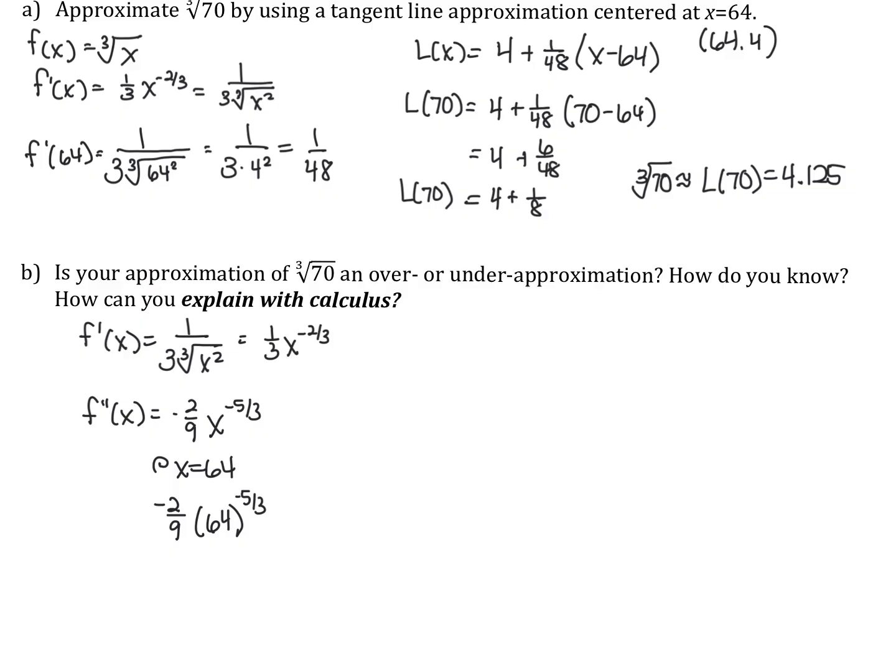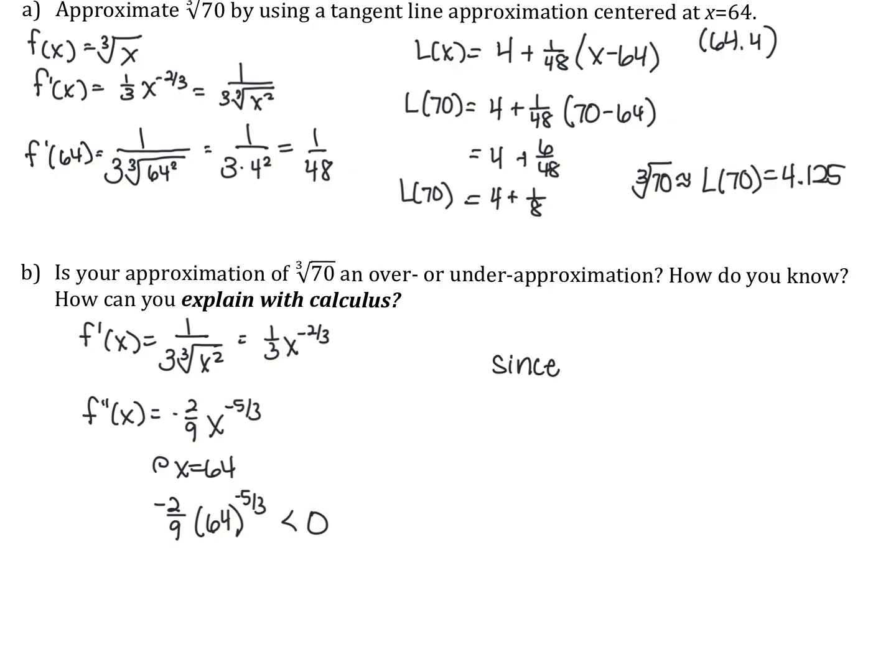Cube root of 64 is 4, and if I raise it to the negative 5th power, it'd be 1 over some big number, 4 to the 5th. But then I'd be multiplying it by negative 2/9. So while I don't actually know what this number is without a calculator, I do know it's going to be less than 0.